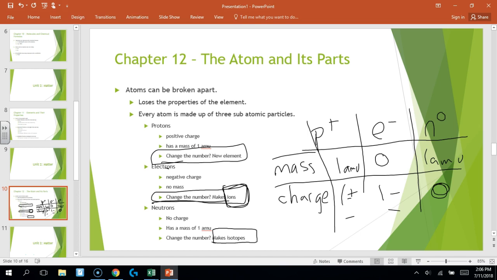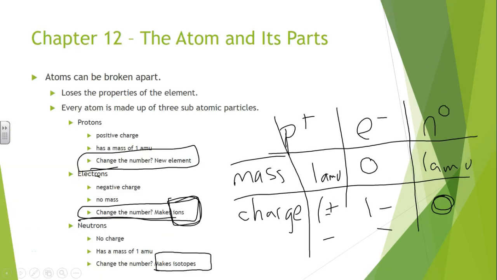Real quick, just to make sure we know what we're doing here, there's three parts of an atom: protons, electrons, and neutrons. Protons have a mass of 1, have a charge of +1, and if we fiddle around with the number of protons, we end up with a different element than what we started with. Electrons have a mass of 0.